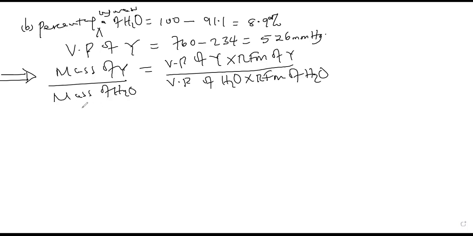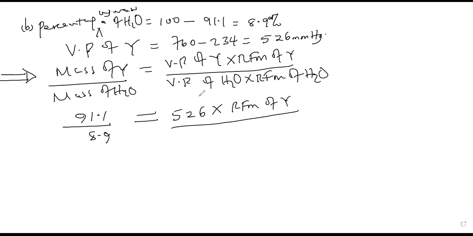Mass of Y, percentage 91.1, out of mass of water 8.9. This is equal to vapor pressure of Y, 526, times relative molecular mass of Y, we don't know it, over vapor pressure of water, we got it as 234, and the molecular mass of water, which is 18.